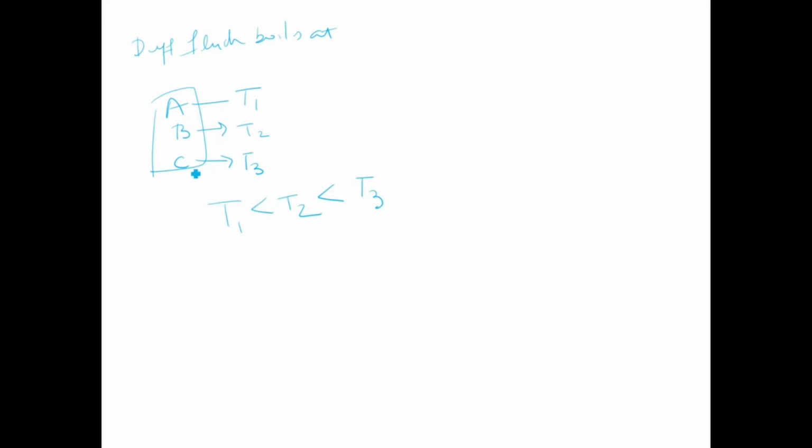Obviously, when we have a mixture, if you supply heat slightly equal to or greater than T1, only component A will start to vaporize, and the other two components will remain in the liquid phase. Depending on the temperature, that's how distillation works.